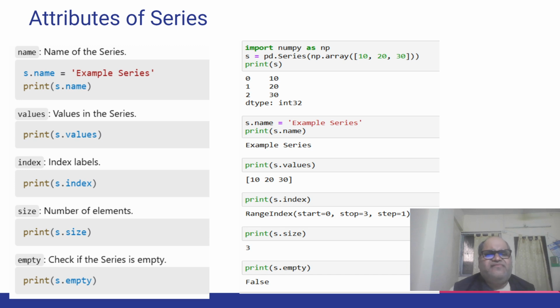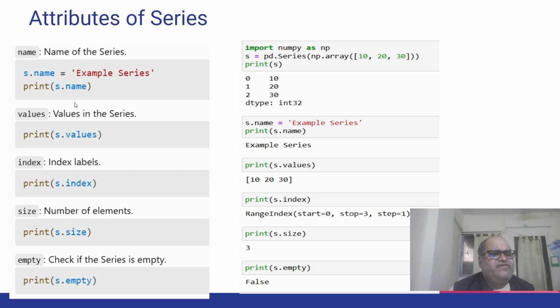Now we are just taking an example where we repeat the numpy array part, and if you print the series, the values are the same. If you print s.name, you will get the name of the series, which is example series. You can see the code below: s.name is example series, and if you print it, you get example series.